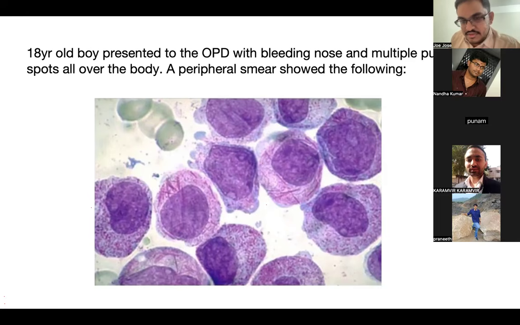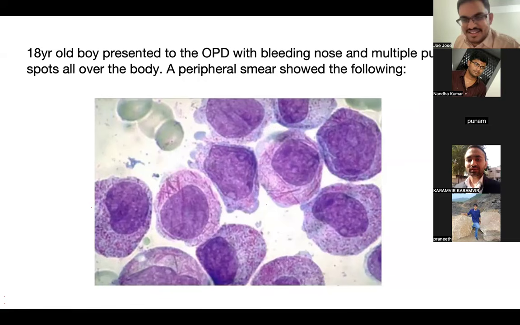It is showing atypical WBCs, which have Auer rods in the cytoplasm and granules in it, and the nucleus is also prominent with prominent nucleoli.